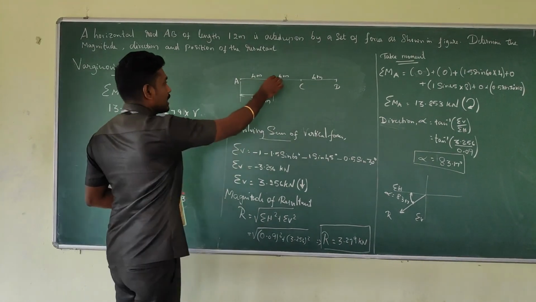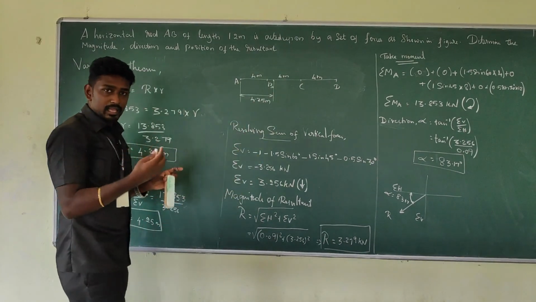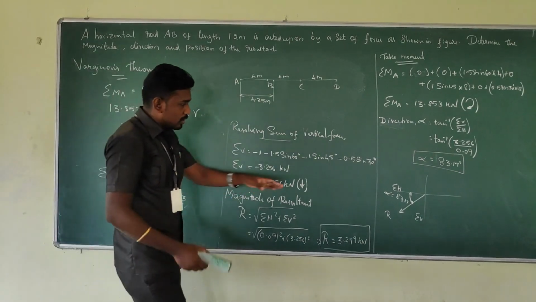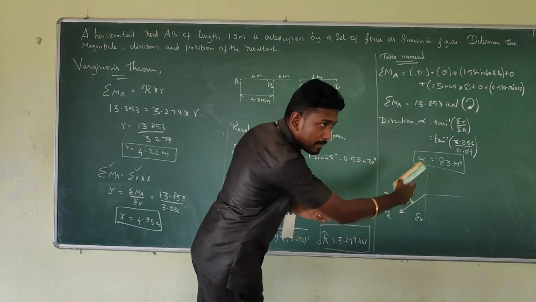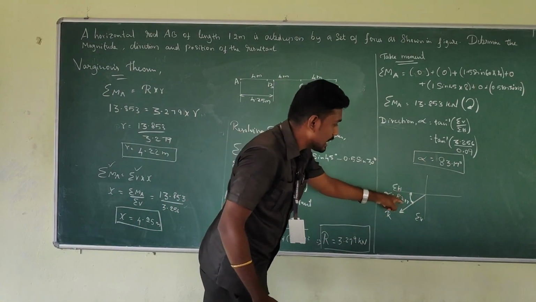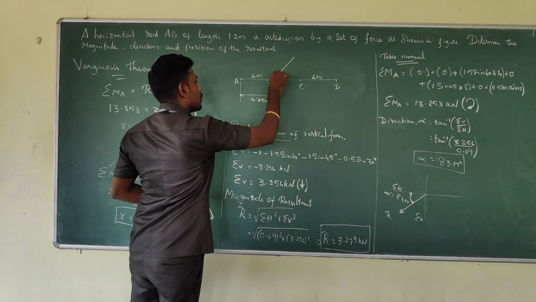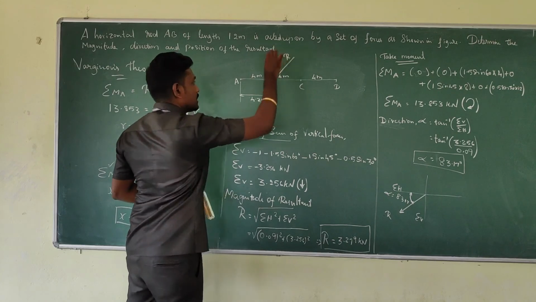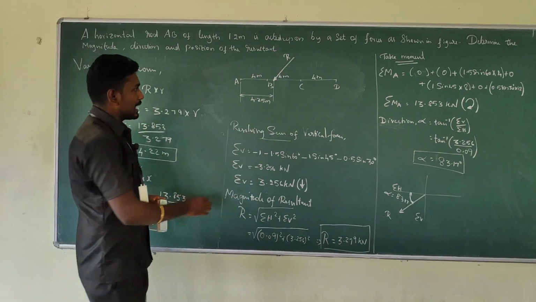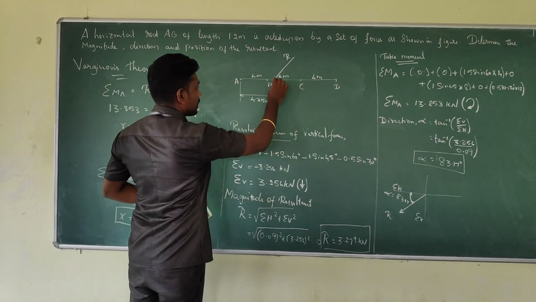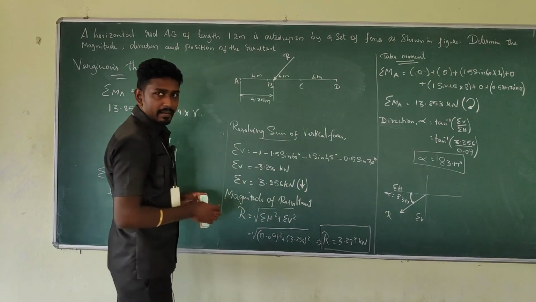So at this point, you can note the resultant force, and we know the resultant force is going something like this, especially in the third quadrant. So the inclination for the resultant must be taken something like this. This is R, and its inclination alpha is mentioned there.